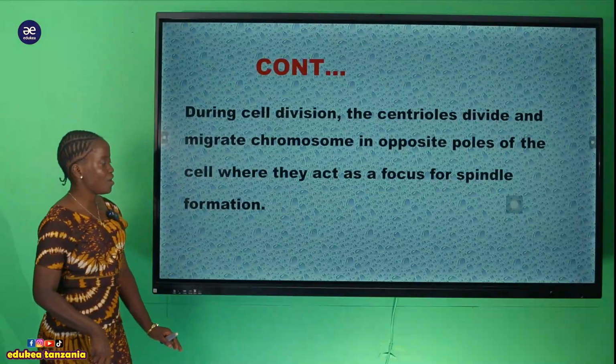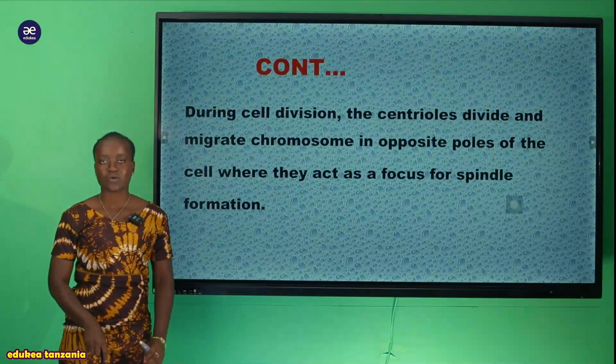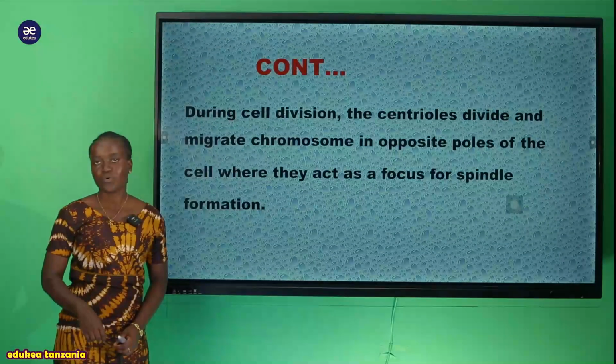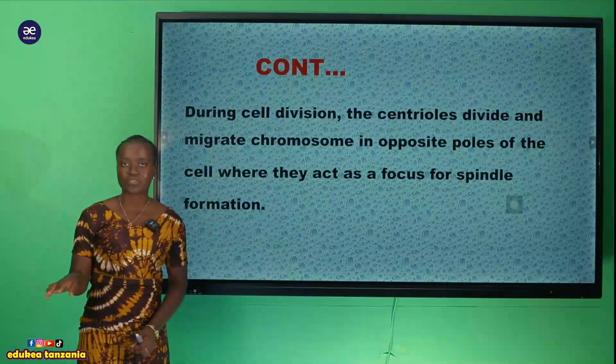So now what is the function of the centriole within the animal cell, or within the fungal cell or algal cell?